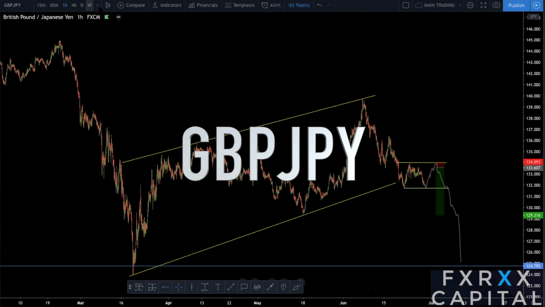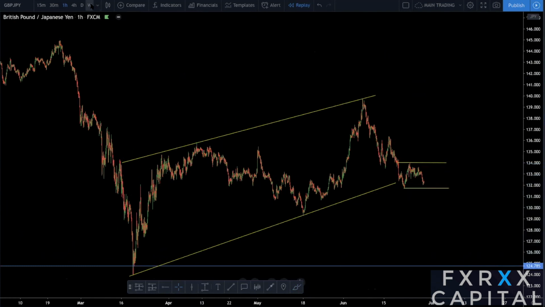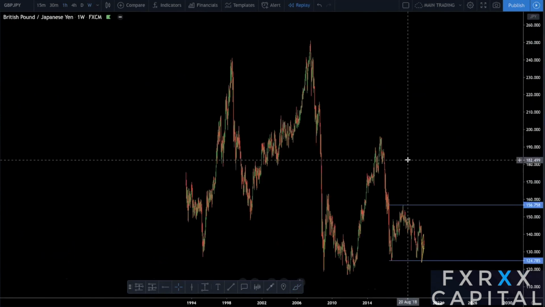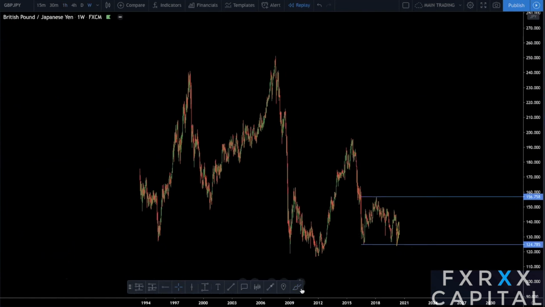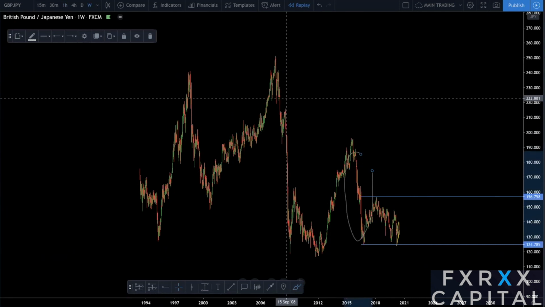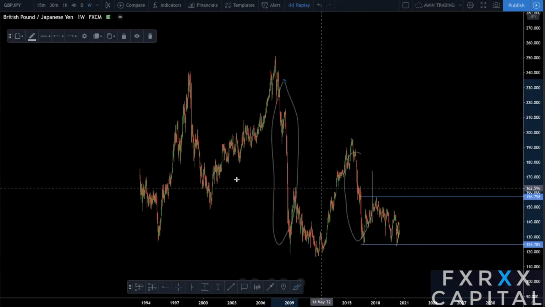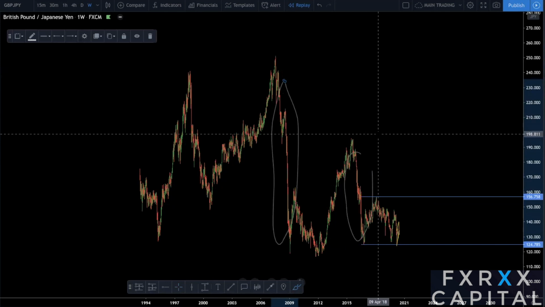Okay, GJ. What I'm looking for in GJ high time frame. Okay, this one is COVID-19. This one is 2008 crash. So GJ is quite a favorite of most people, but I keep the bias for all pairs similar.